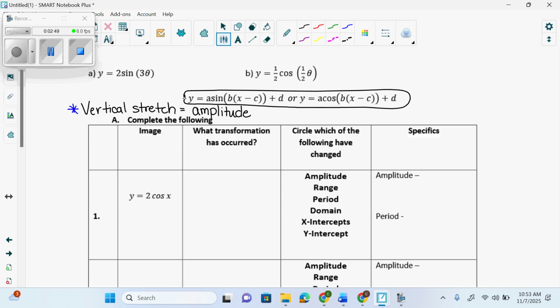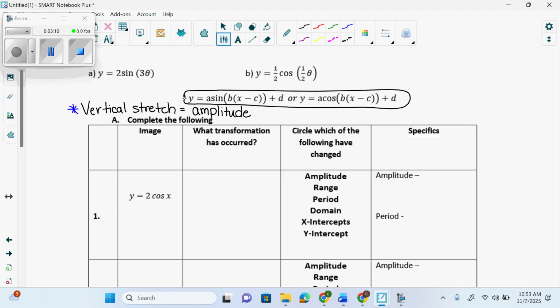So, does this one have a vertical stretch? Yes, it does. We have an A, we have sine or cos, then we have our B. The B is found between the sine and the x. C is in the bracket, C is at the back. A is your vertical stretch. Does this have a vertical stretch?